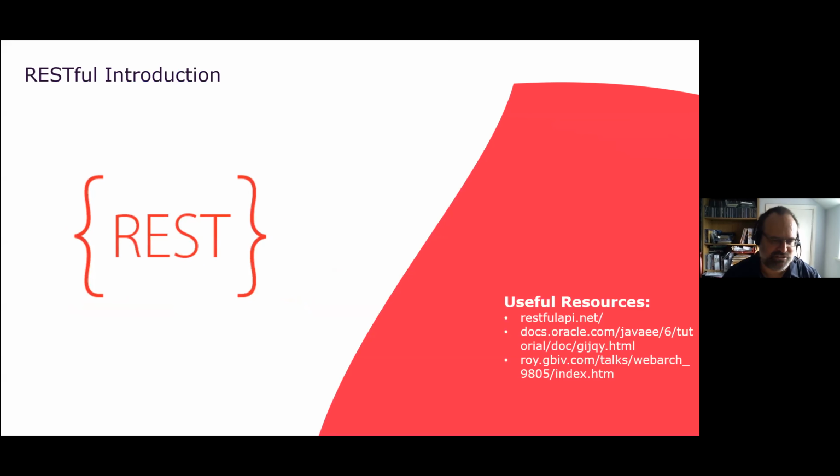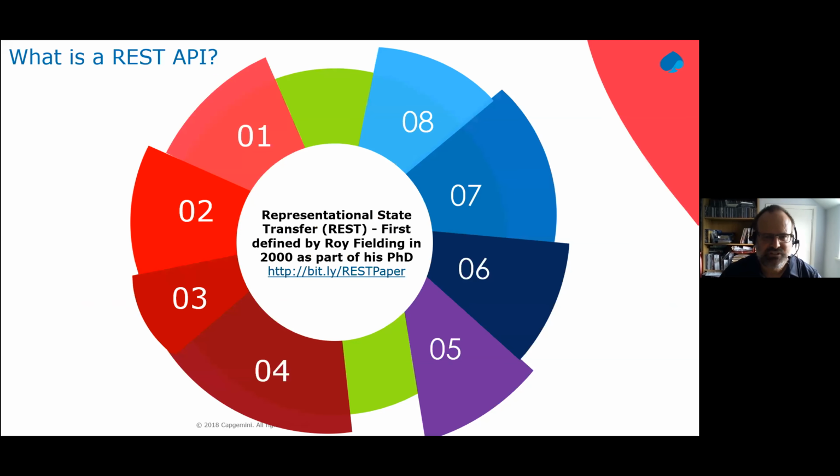So let me talk about REST. We all think we know it, but you'll be surprised actually, and it even surprised me. I've been working with REST APIs for quite a long time now. But if you go back to the foundations, there's a few things that people tend to forget, because we focus on the idea of JSON and HTTP. So the original concept of REST came out in 2000 as a result of a paper by a guy called Roy Fielding.